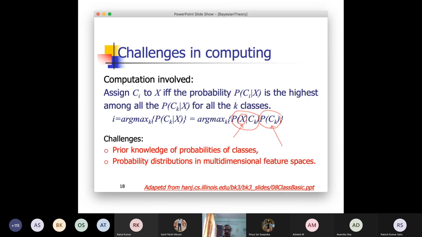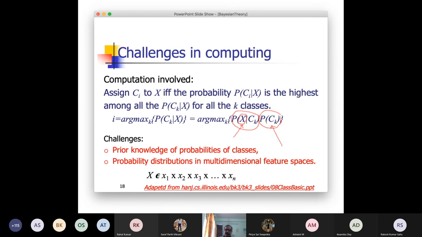If I consider the likelihood functions, how do you get a probability distribution in a multidimensional feature space, which is more involved modeling than modeling a single dimensional feature.